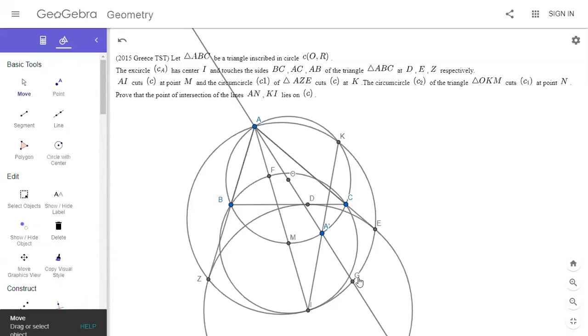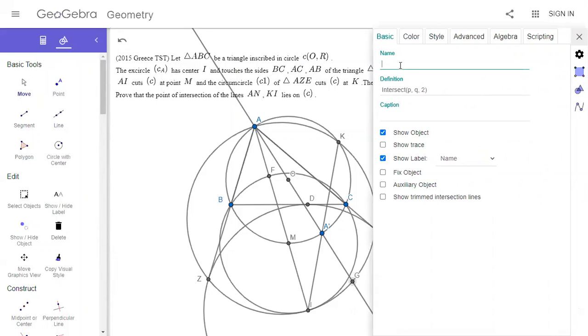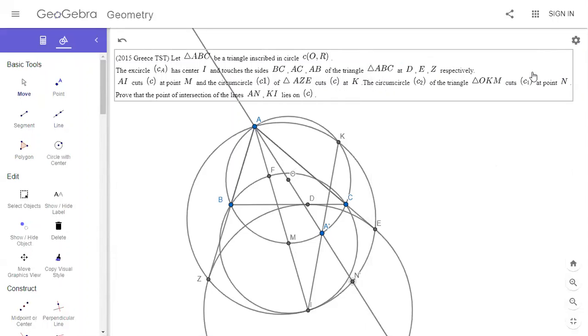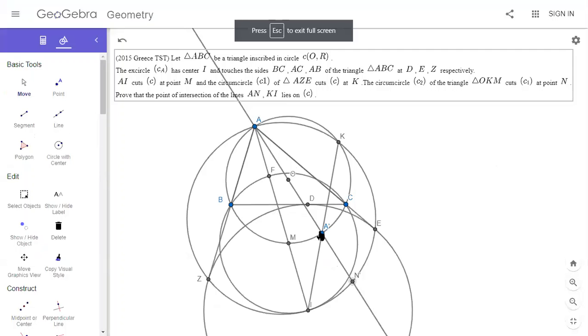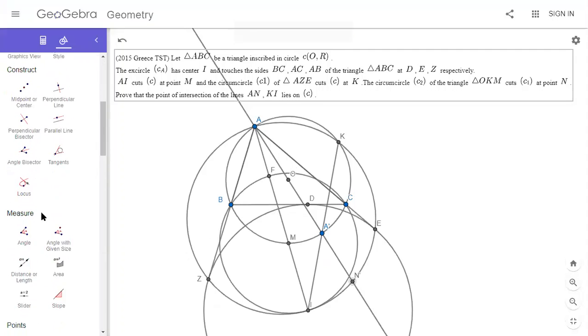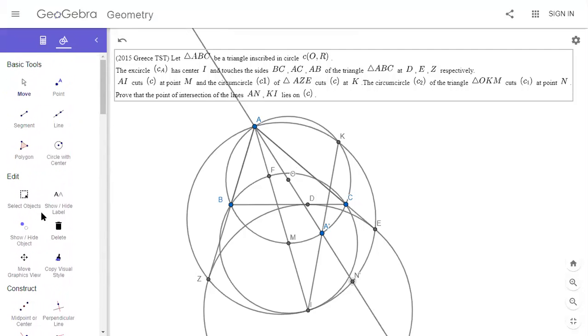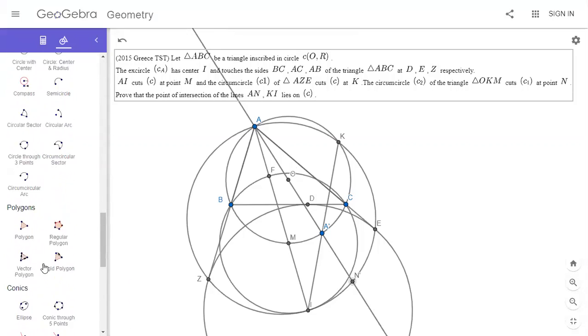So if we call this N prime, MA prime N prime I is cyclic. That's probably an angle chase, I'm guessing.